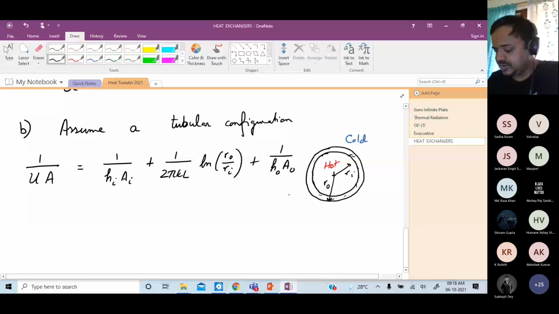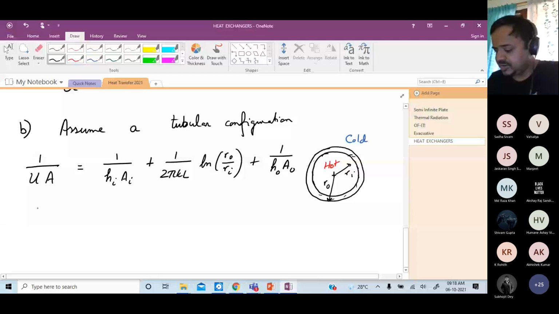Now the question is which area should be taken. So this 1 over UA can be written as either 1 over U_i A_i or 1 over U_o A_o.